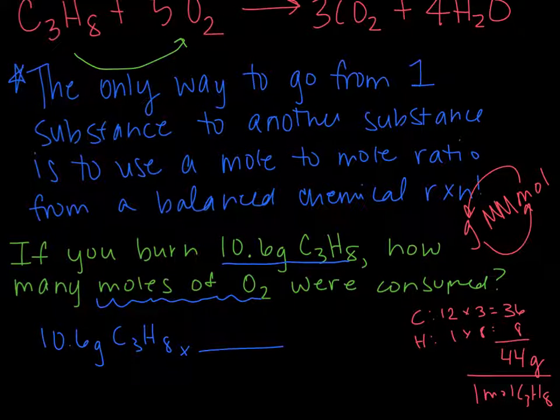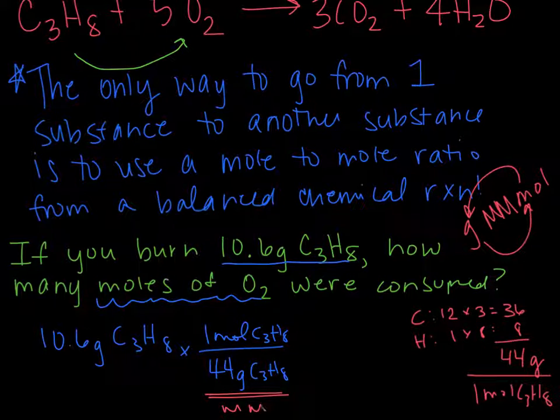Since I have grams up here, I'm going to put grams down here at the bottom. So it's 44 grams of C3H8 in 1 mole of C3H8, and that is the molar mass of this compound.